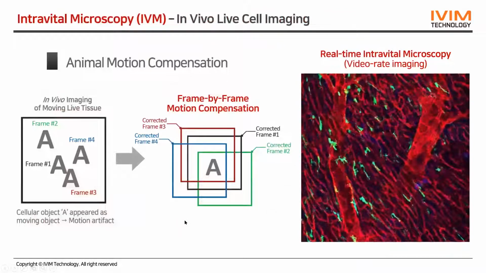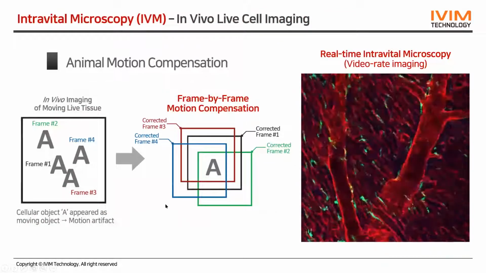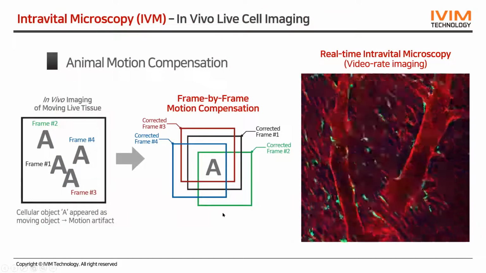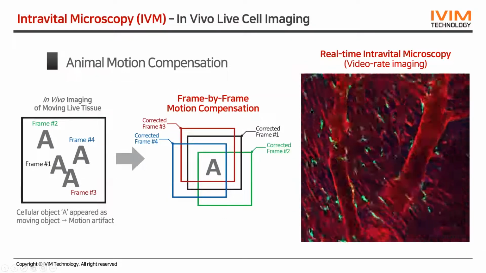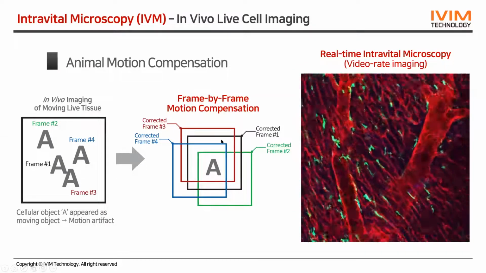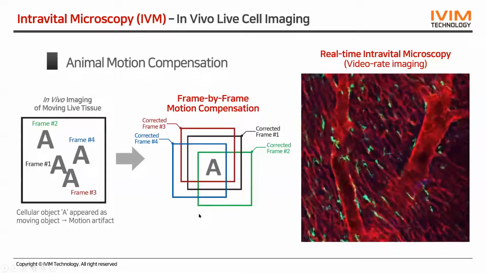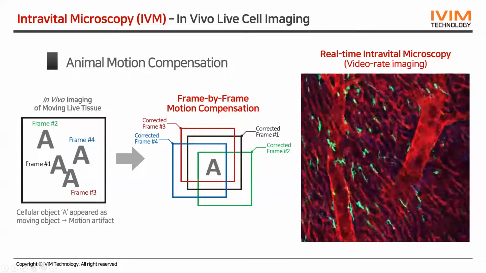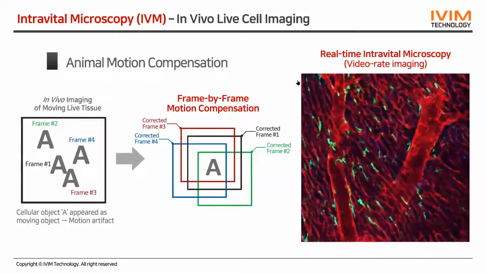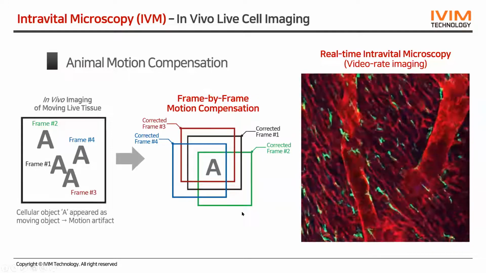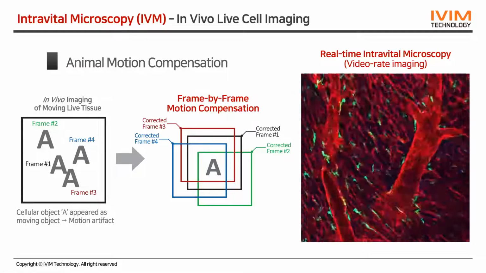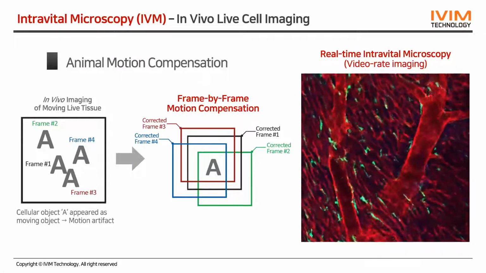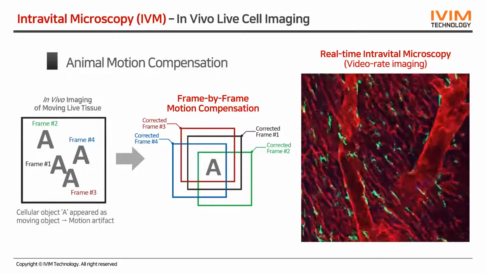And more importantly, the IVIM Technology IntraVital Microscope is equipped with animal motion compensation functions. In real situations, all this live tissue is actually moving like this, because even if the mouse is anesthetized, the mouse is still breathing and the heart is beating.